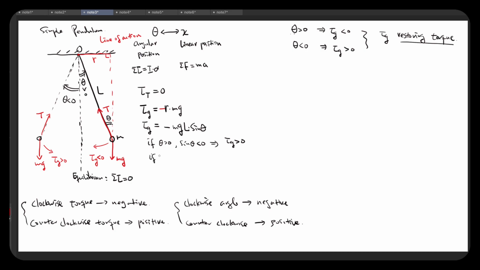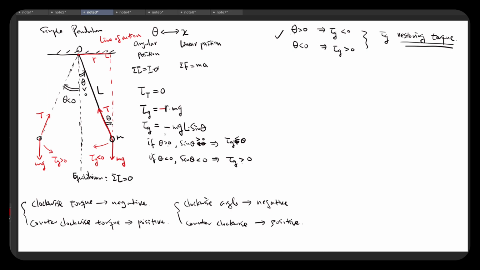And if theta is negative, the torque here is positive. Theta negative, tau g positive. Theta positive, tau g negative. And that's the relation we were talking about. That's why torque due to gravity is called a restoring torque.